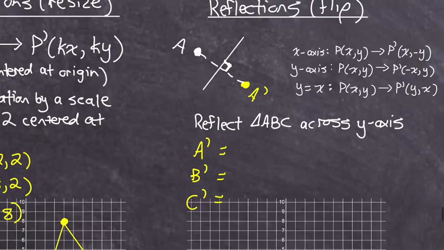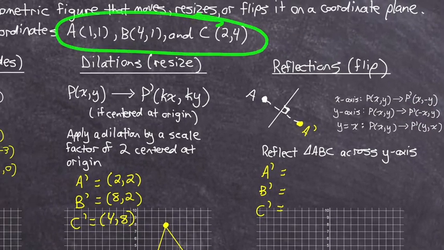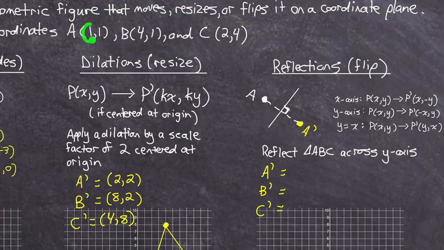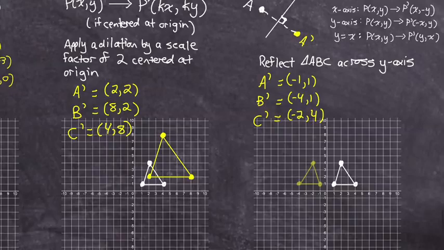We wrote that rule here: across the y-axis, all points (x, y) change to P prime (-x, y). So I'm going to rewrite these points, but the x-coordinates are all going to change signs. Instead of 1, 4, and 2, they're going to be -1, -4, and -2. The y-coordinates will stay exactly the same. Now if I plot those points, I get a triangle that has been perfectly reflected across the y-axis.